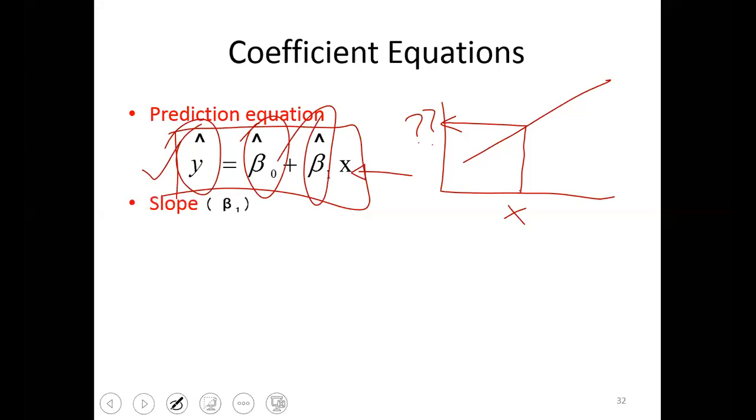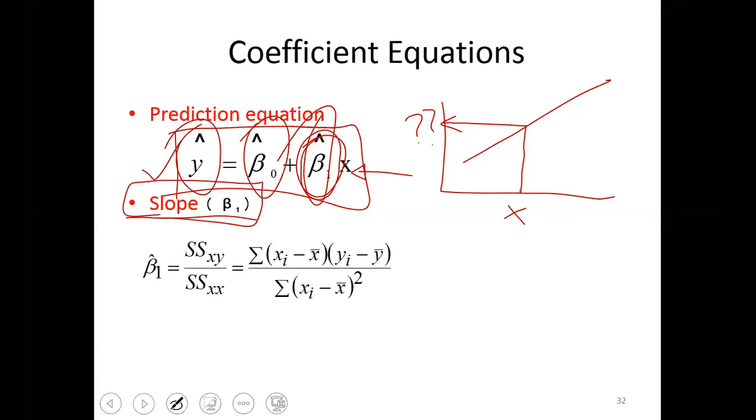So the first one is beta 1, which gives the slope. That can be calculated as beta 1 equals sum of squares of xy, or in other terms the sum of squares of the cross product, divided by the sum of squares of x. Sum of squares of x can be expanded as such.